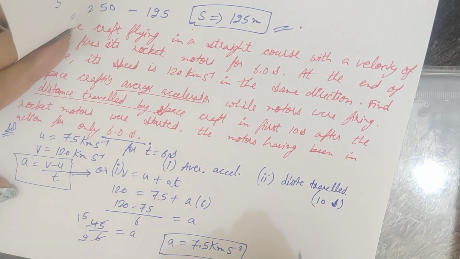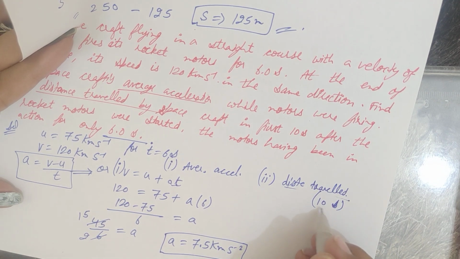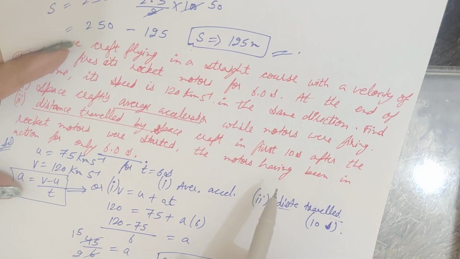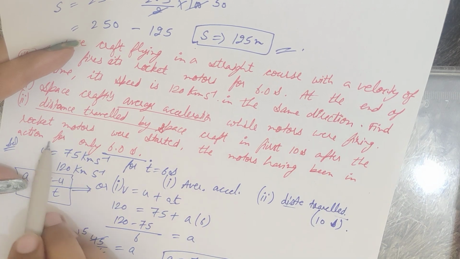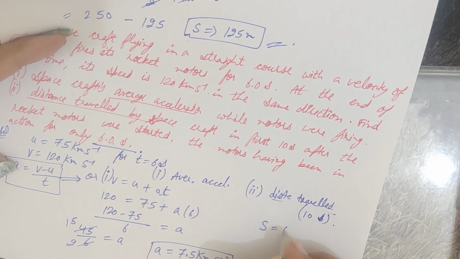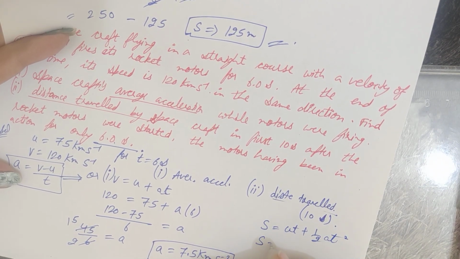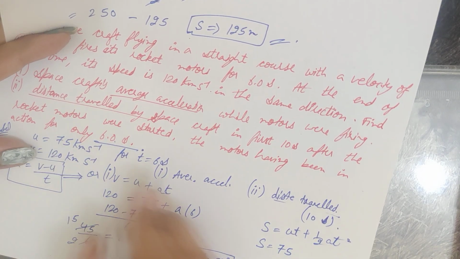For the second one, we need to find the distance traveled for the 10 seconds. But they said that the motor has been in action only for the 6 seconds. So we will find s is equal to ut plus half at square for the first 6 seconds. u is 75.